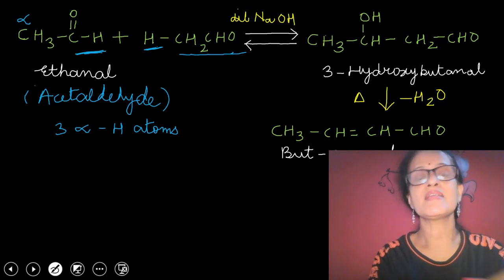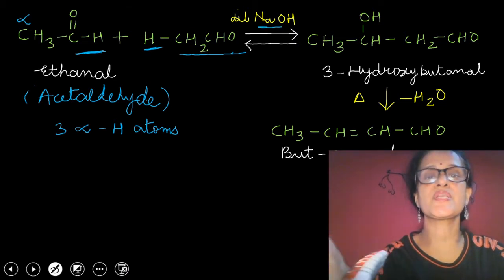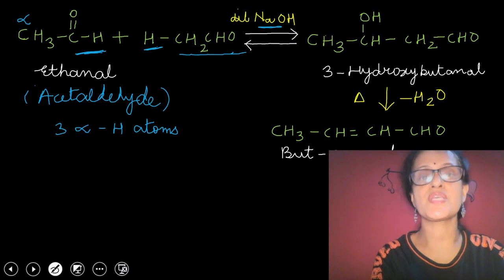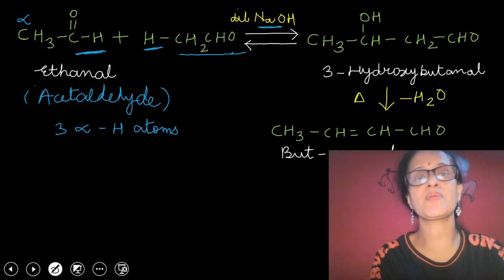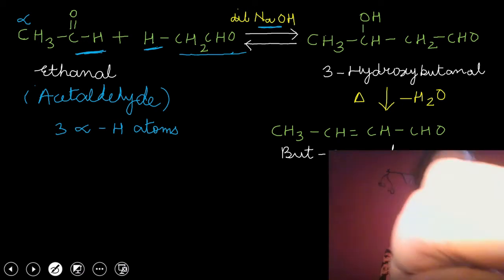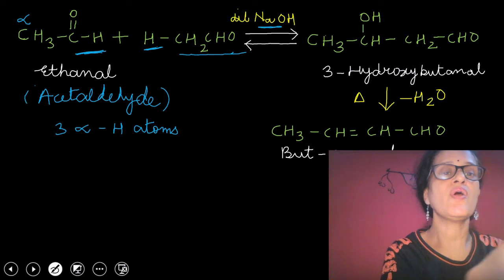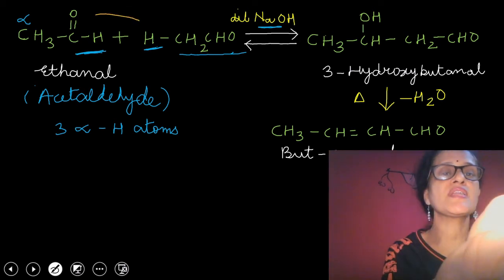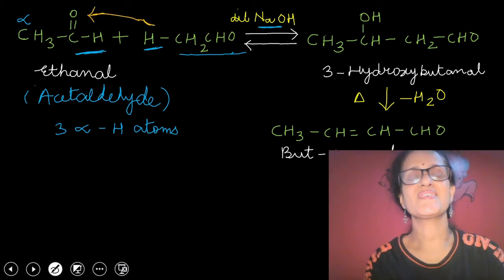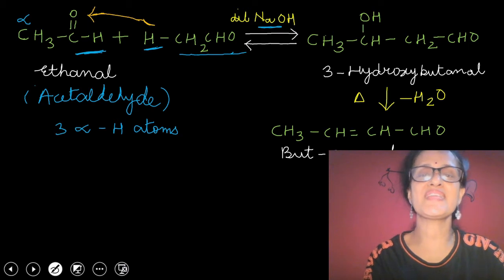You can see that the reaction is taking place in the presence of dilute NaOH. So how will the reaction take place? The alpha hydrogen atom of the second ethanal molecule will attach itself to the carbonyl oxygen of the first ethanal molecule. Now the rest of the atoms we will write as it is.